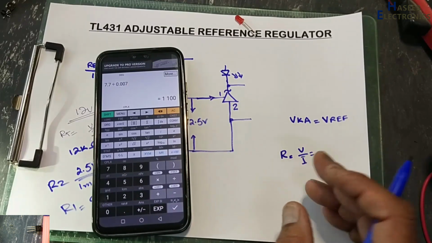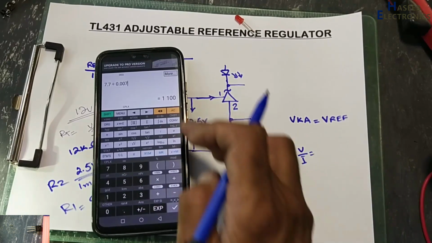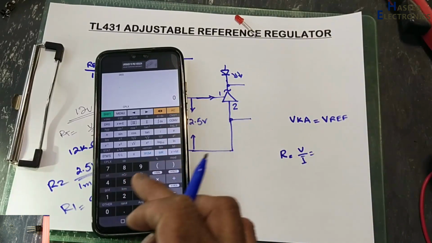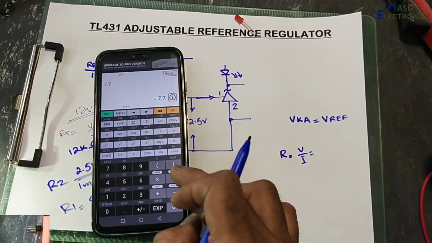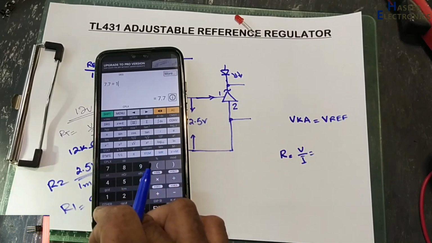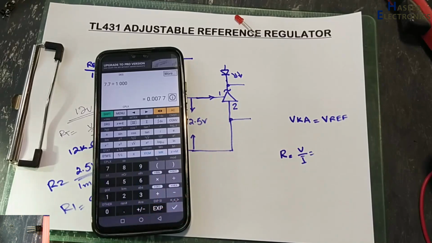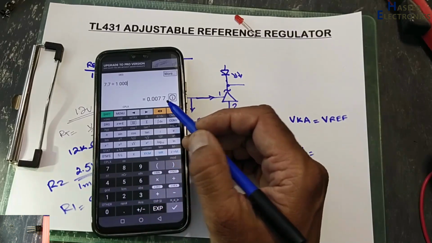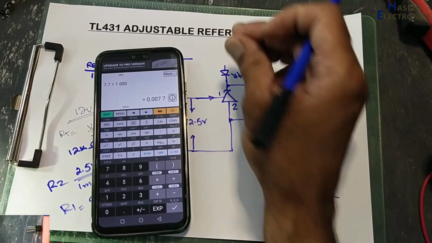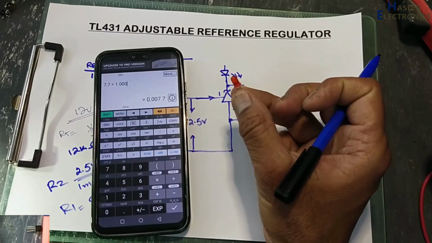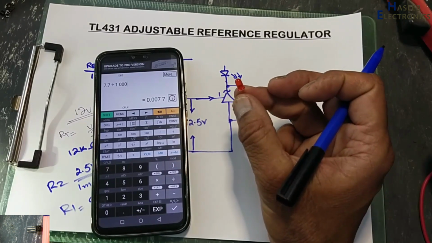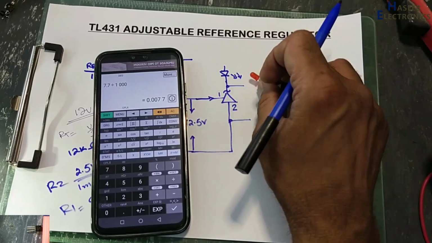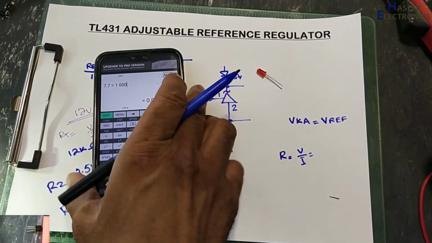It is best to take the standard 1000 ohms resistance. If I use 7.7 volt divided by 1000, it will be 7.7 milliampere. So it will be within range, because a maximum of 10 milliampere, 15 milliampere current can be provided to this LED. So it will be 8 milliampere, that's good.